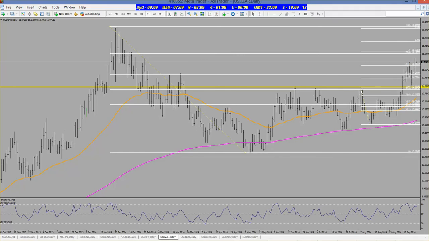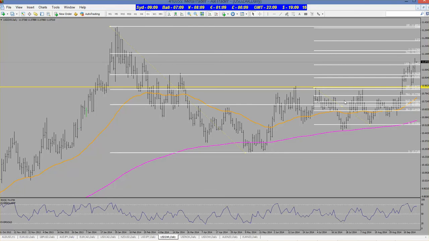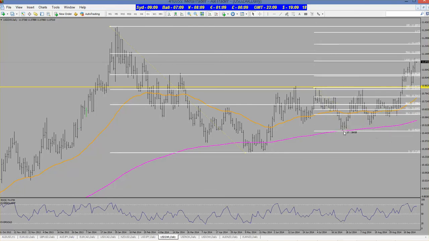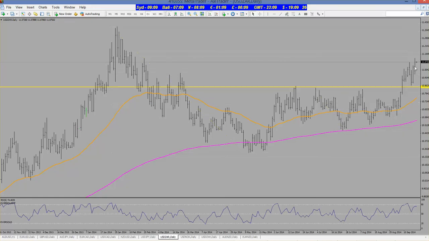Depending on where you put your extensions, even if you had that one or this one, it's certainly in the area where you expect the market to perhaps pull up.